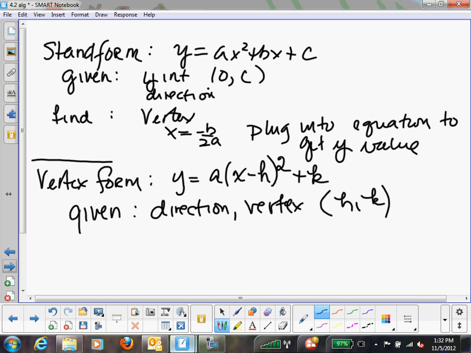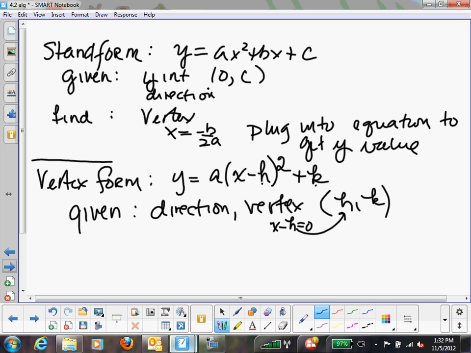If this says minus h, correct? Then we want to use the positive value here. If it's positive value here, then we use the negative value because we're setting x minus h equal to 0. Okay? Right, but the k is always the same. If it's positive here, it's positive in your vertex. Your y, right. Yeah, you get the entire x and y. There's your x, there's your y.